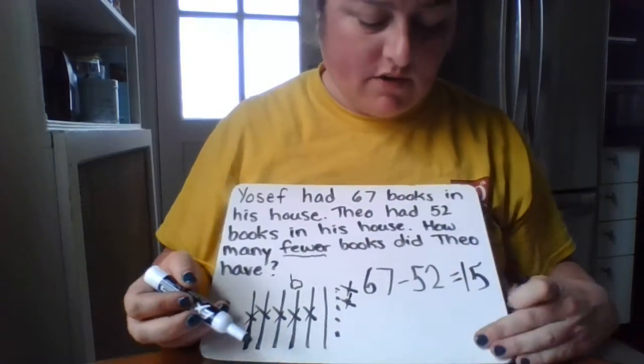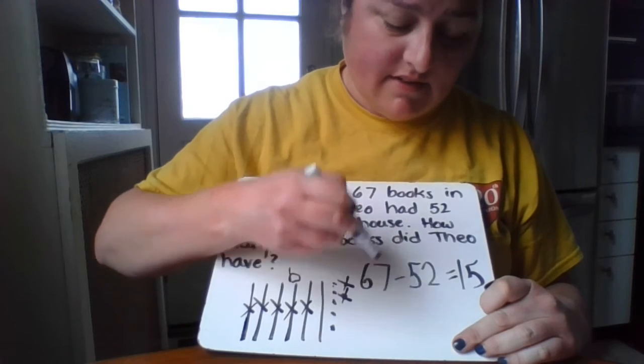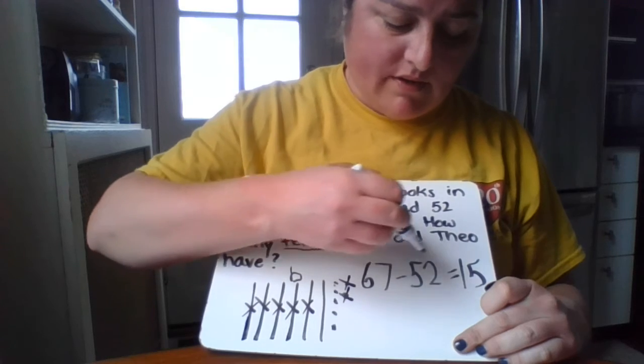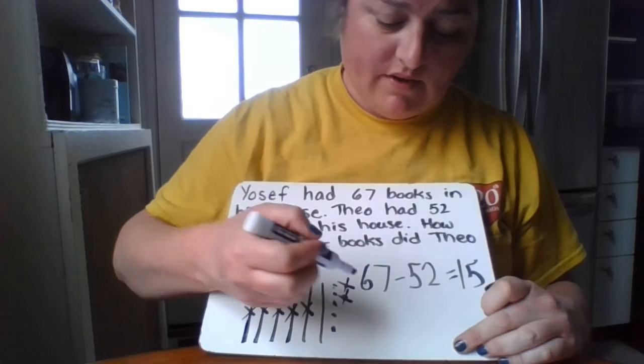And we always want to check our work. So we would say 6 tens minus 5 tens equals 1 ten. 7 ones minus 2 ones equals 5 ones.